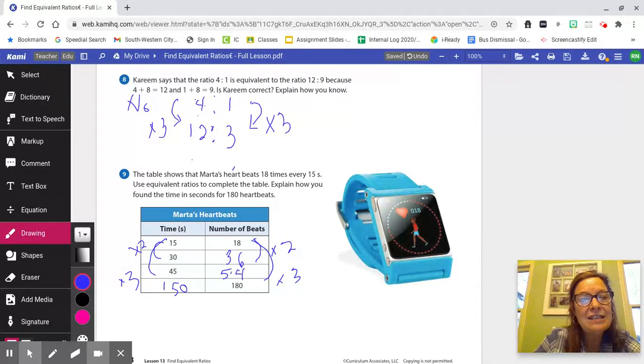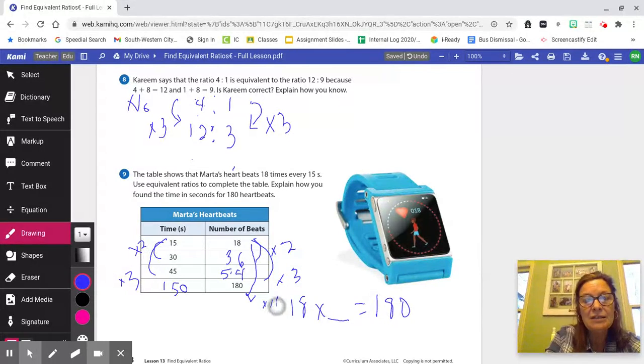Now I need to make sure that I don't just go, oh, times 4. No, from here, 18 to become 180. So 18 times what is 180? That's going to be times 10. So 15 times 10, times 10, is going to give me my 150. Hopefully you got that one.